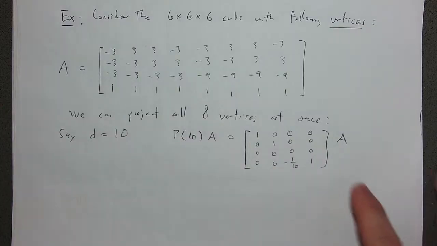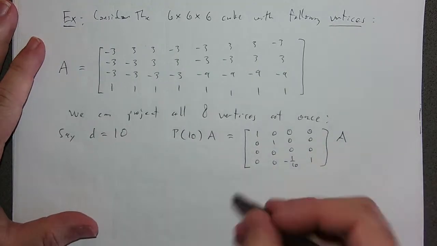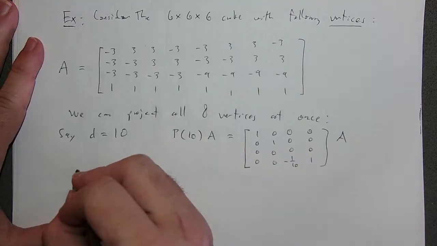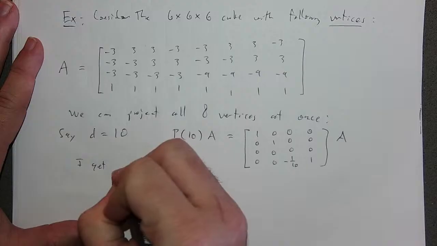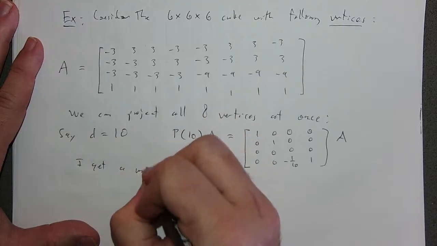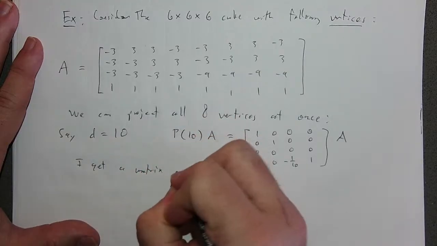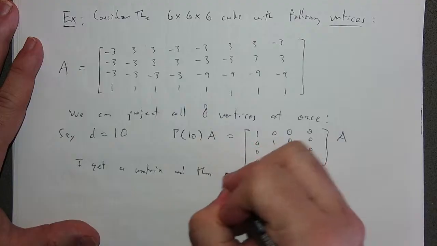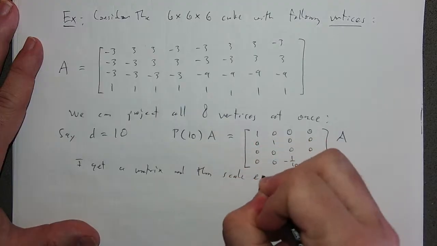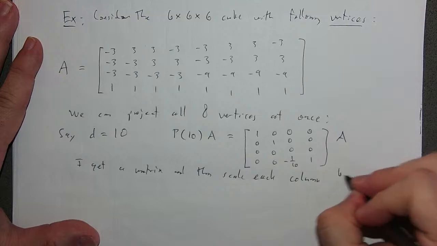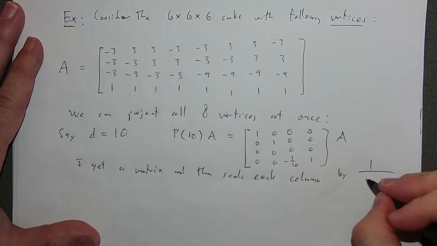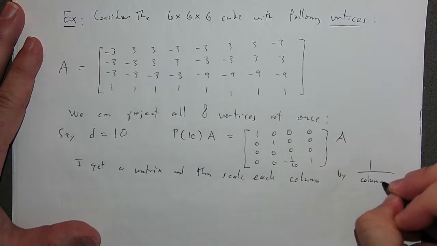So I get a matrix, and then scale each column by 1 over the column's last entry.